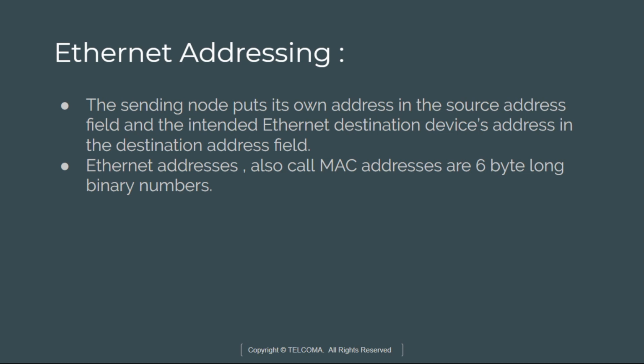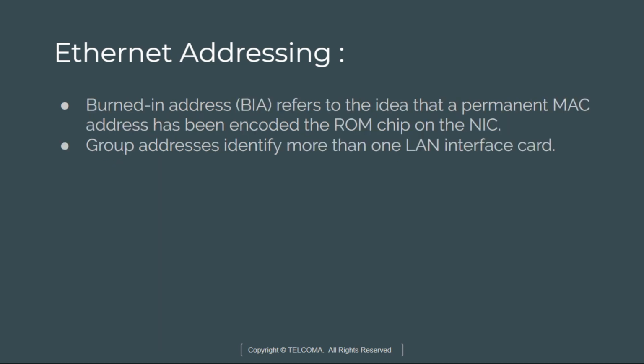The MAC address always begins with its assigned OUI. Burned-in addresses, BIA, refers to the idea that a permanent MAC address has been encoded in the ROM chip on the network interface card. Group addresses identify more than one LAN interface card.